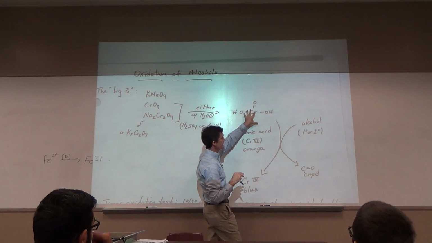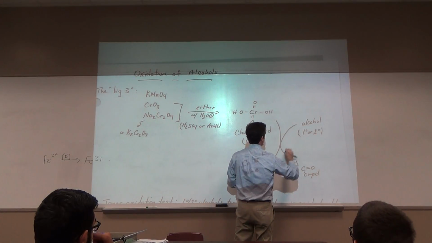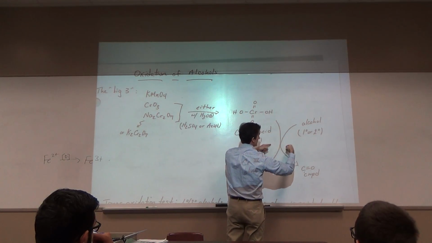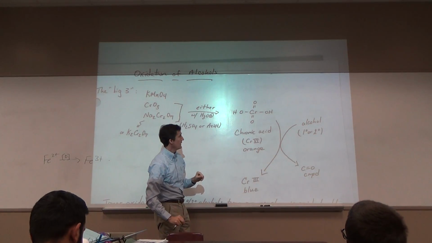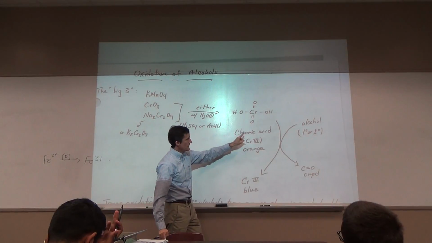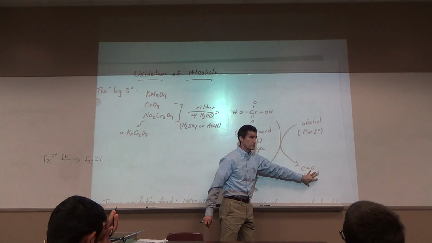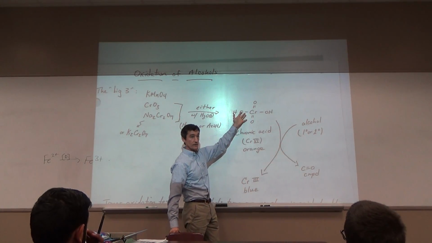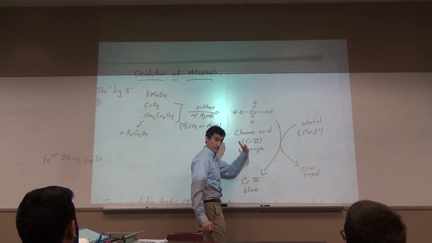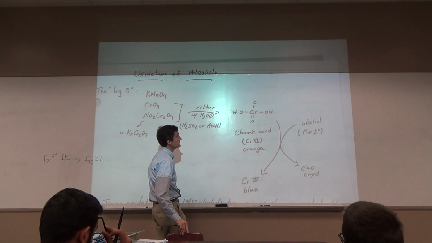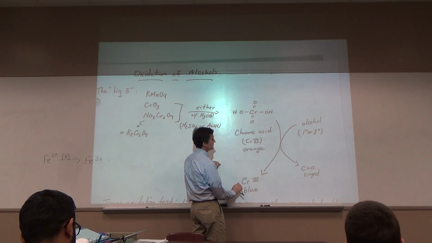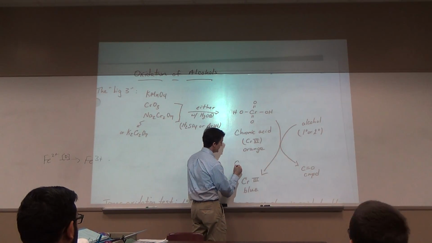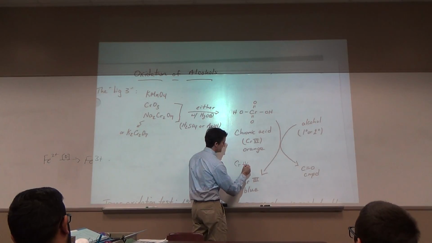And chromic acid will oxidize the primary and secondary alcohol. These will come together to react. The alcohol will be converted to a carbonyl compound. The chromium, since the alcohol is oxidized, what's going to happen to the chromium? To be reduced. To be reduced, okay? It is actually first reduced to chromium 4.